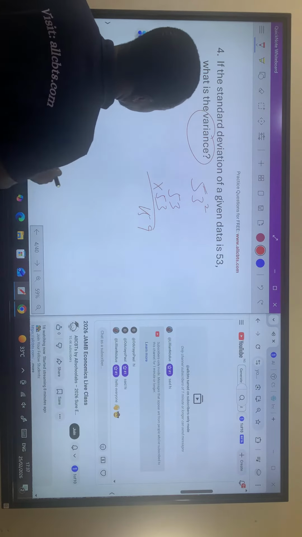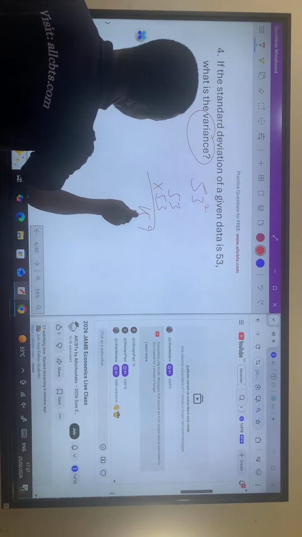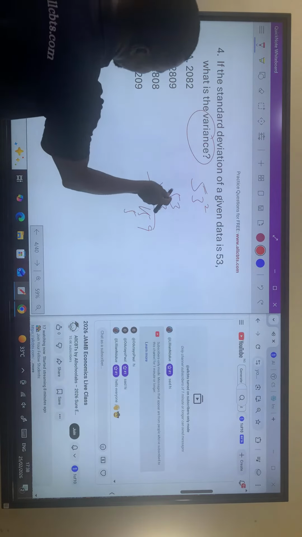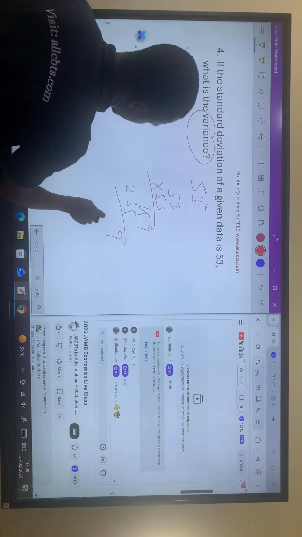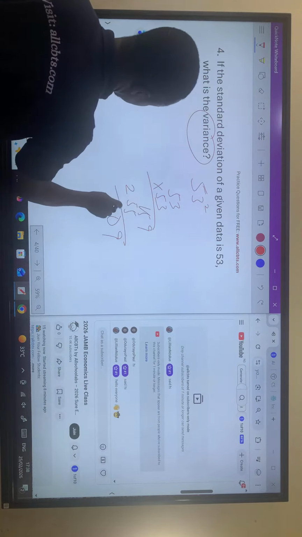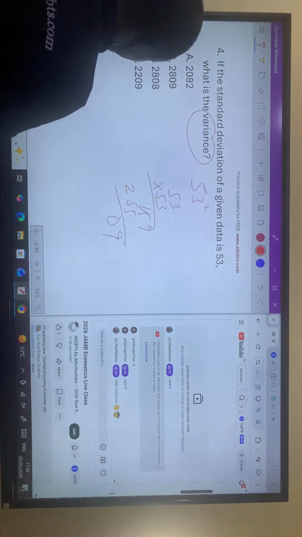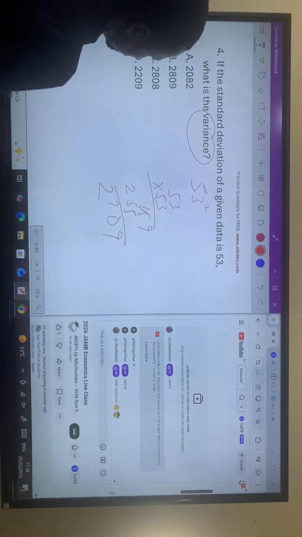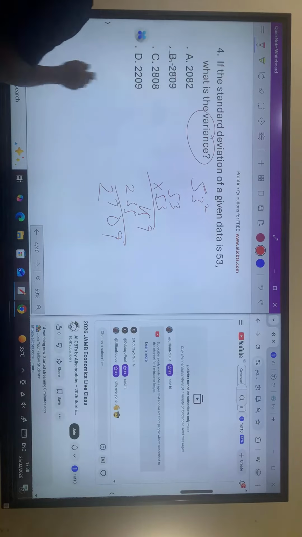Then 5 times 3 is what? 15, in that order. So your answer is getting clearer now. Then 5 times 5, that's 25. So we have 9, 0, 6, 7. This is 10, you carry 1. This is 6, 7, and 2. Something like that. So the closest answer here should be 2809.